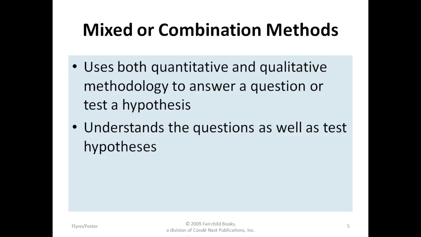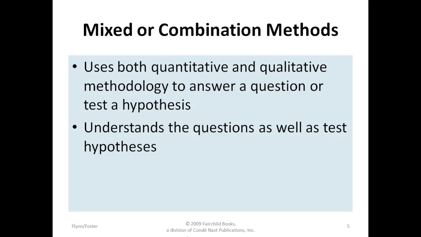Next is mixed or combination methods. These use both quantitative and qualitative methodology to answer a question or test a hypothesis. It helps you to understand questions, and it will give you results that you will not expect from quantitative data.